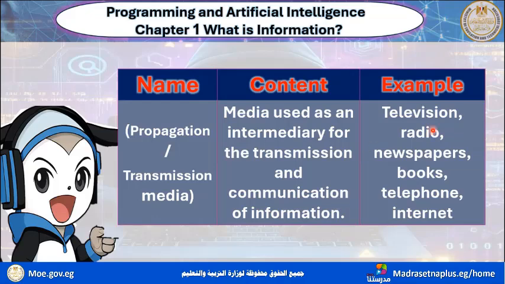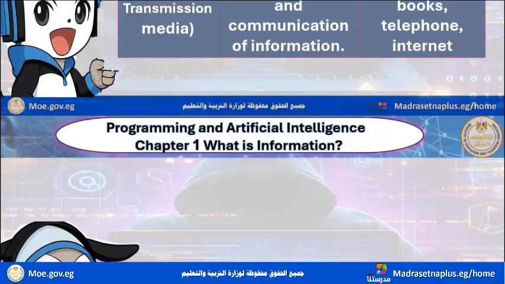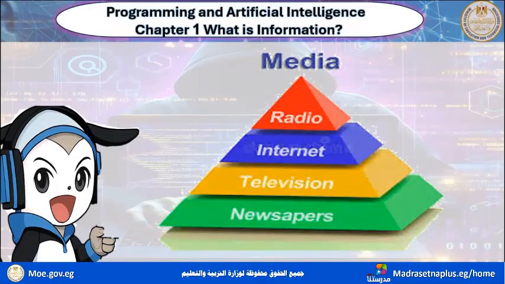Here, like television, radio, newspapers, books, telephone, and the internet. Look at the image we have. So we have newspapers, and of course we have television and internet and the radio.